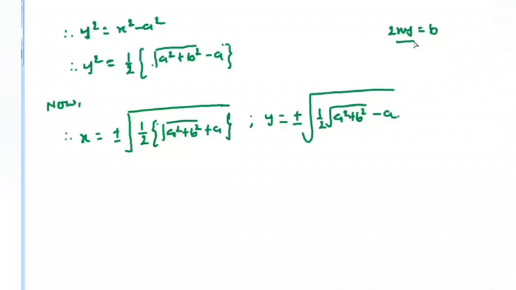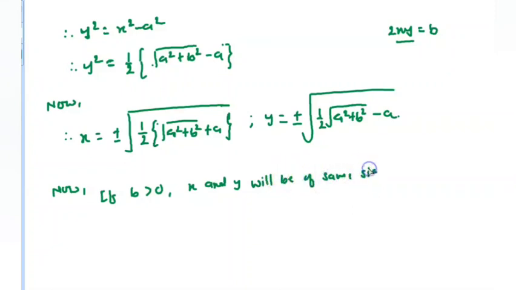If b is positive, then we can conclude that either both x and y are positive or both are negative, because the product of two numbers is positive if both are positive or both are negative. Clear? So if b is positive, then x and y both will be of same sign. Yes or no? So now we can write that if b is greater than 0, then x and y will be of same sign.